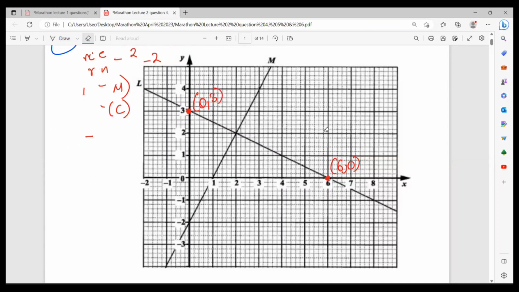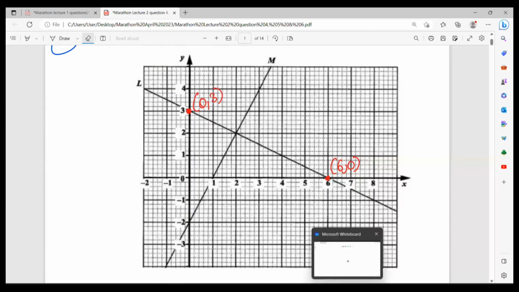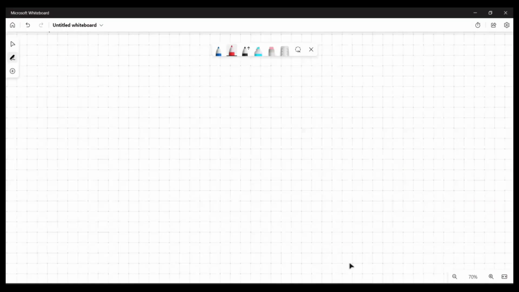And you have to bear in mind the shape of the line tells you if the gradient is positive or negative. Please note that. For all positive gradients, the lines are going uphill like that. Those gradients are always positive.